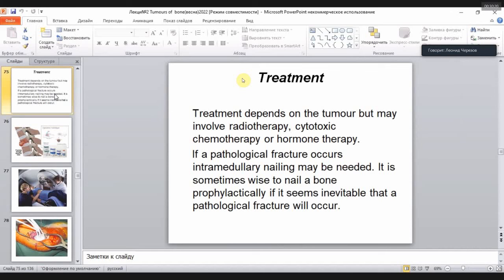It is sometimes wise to nail a bone prophylactically if it seems inevitable that a pathological fracture will occur.